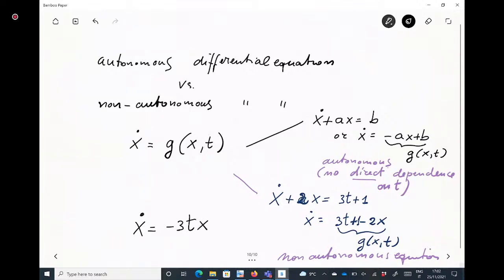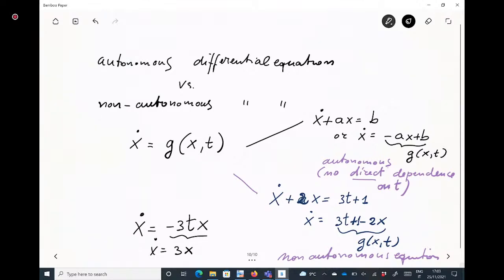This is another kind of equation which is called, for instance, separable. And it features both a direct and an indirect dependence on t, okay? t times x of t. It depends on t and x. x dot equal to 3x is autonomous. This is non-autonomous.